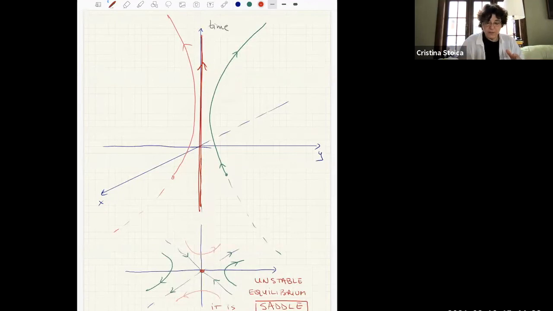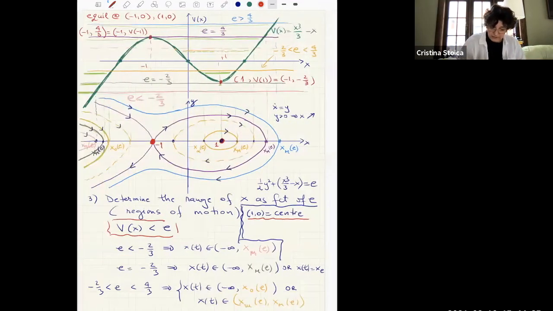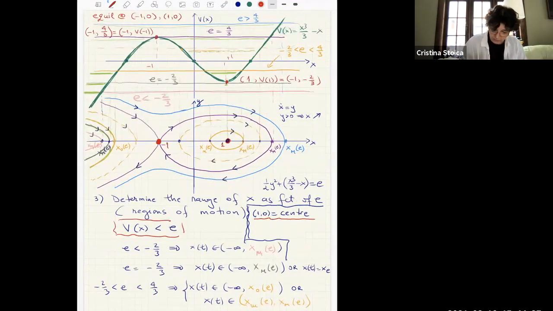So when I go back to the picture, this one here, I can put it here, (-1, 0), it's an unstable equilibrium. I could write directly that it's a saddle. Usually the standard questions are to classify as stable or unstable and also tell me what it is.